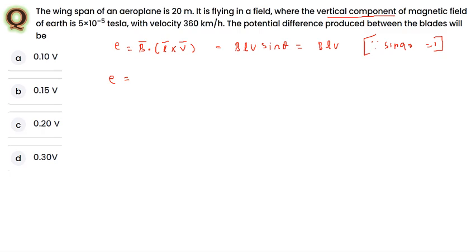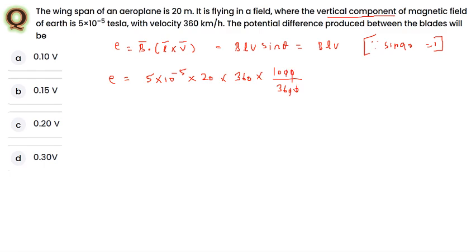In that case, the B value here is 5 × 10^-5, the length is 20 meters, and the velocity is 360 kilometers per hour. Just convert kilometer into meter, that is 1000, and hour into seconds, that is 3600 seconds. Now just cancel this.